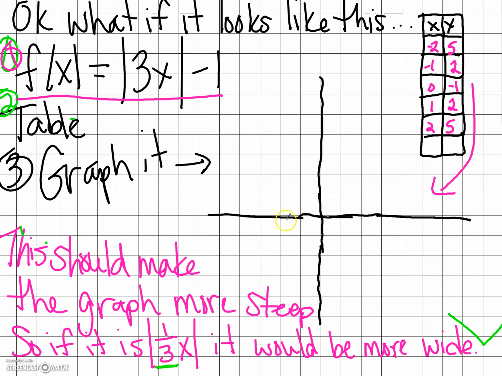All right, so negative 2, 5; negative 1, 2; 0, negative 1; 1, 2; 2, 5. Notice now we have our V, so we're good to go because it is absolute value, so it should be V-shaped.